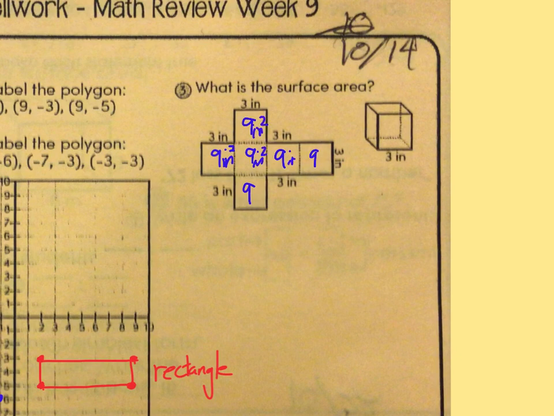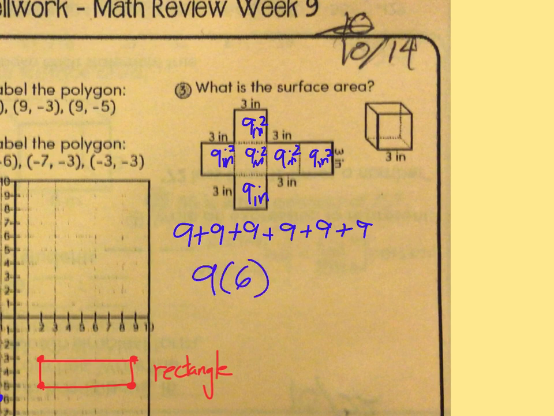Now you could go through and add all of these 9s together. We could go 9 plus 9 plus 9 plus 9 plus 9 plus 9. Or we could go, well, how many 9s are there? Well, there's 9 times 6, which equals 54 inches squared.